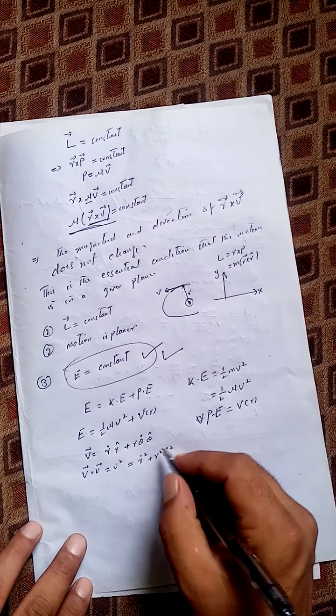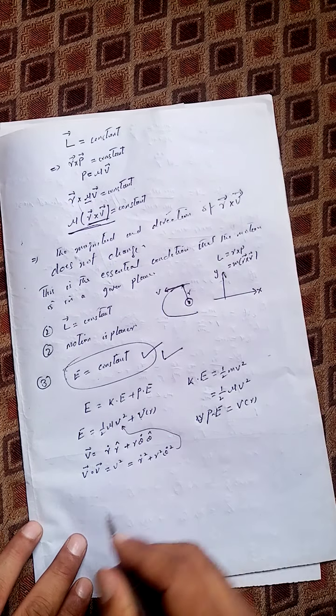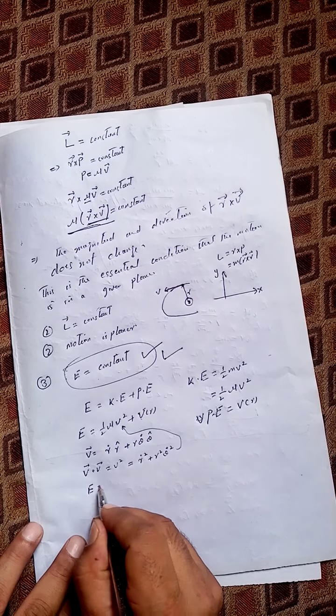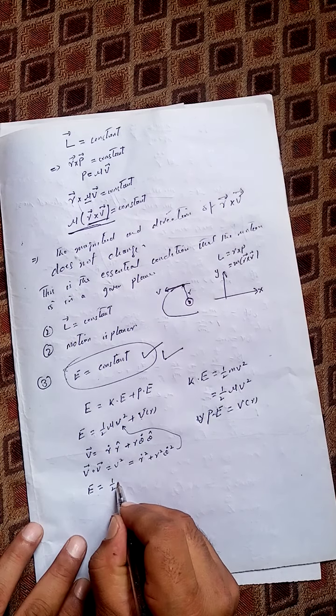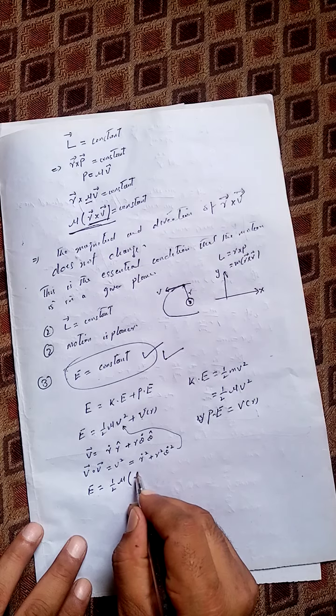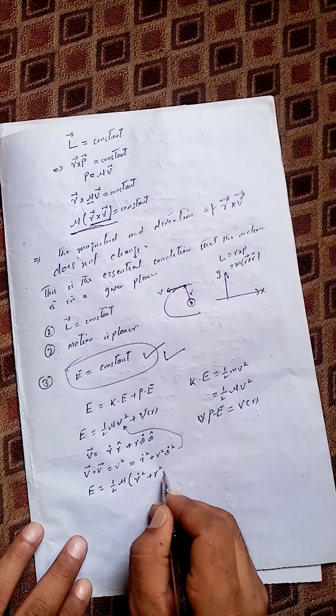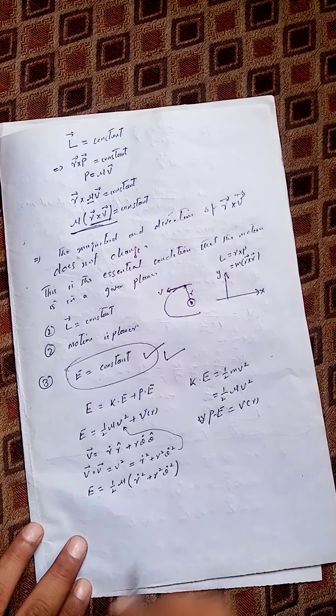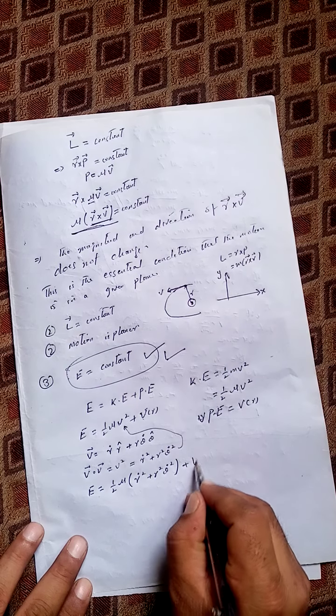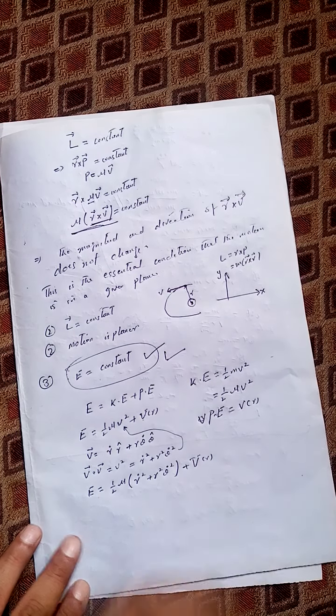So using this value back in this equation, we get the total energy, which is 1 over 2 mu times r dot square plus r square theta dot square, plus V of r, the potential energy.